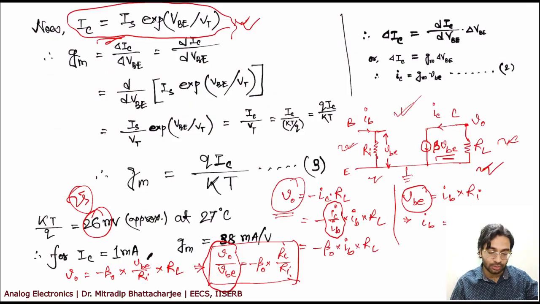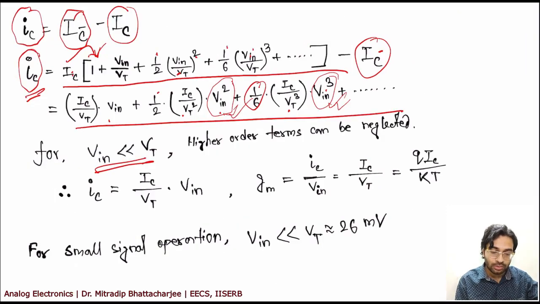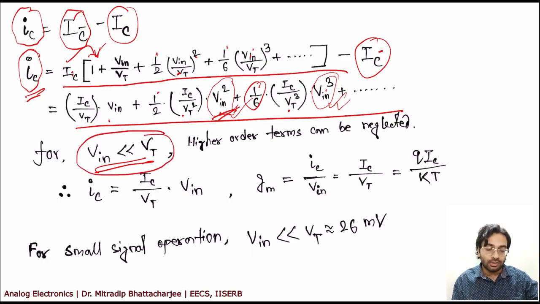It is very important to tune those V_in. Rather, the easiest way is to make such an arrangement so that this becomes almost zero. For tuning purposes you need an external circuit which will tune these higher order terms, or you make V_in very much less than V_t, which will automatically suppress them.